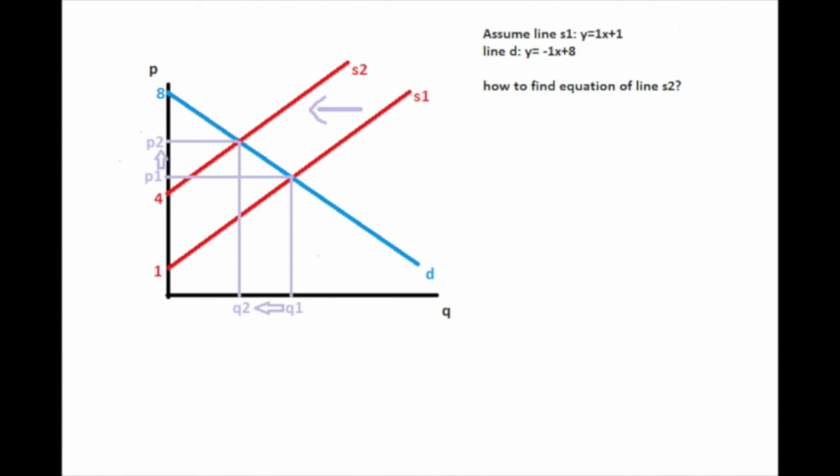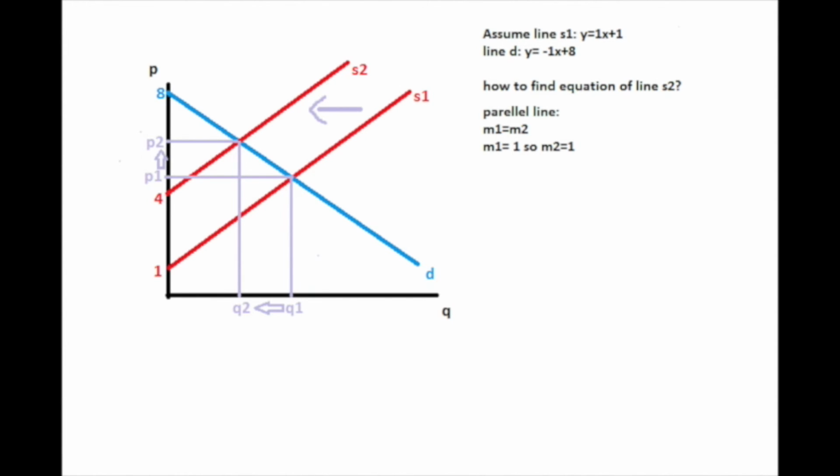Now we are going to find the equation of line S2, assuming line S1 is y equals 1x plus 1 and line B is y equals minus 1x plus 8. Because S2 is parallel with S1, the gradient of line S1 is equal to the gradient of line S2. To find the constant, which is the number that stands alone, we look at where the line intercepts the y-axis, which is the price line.